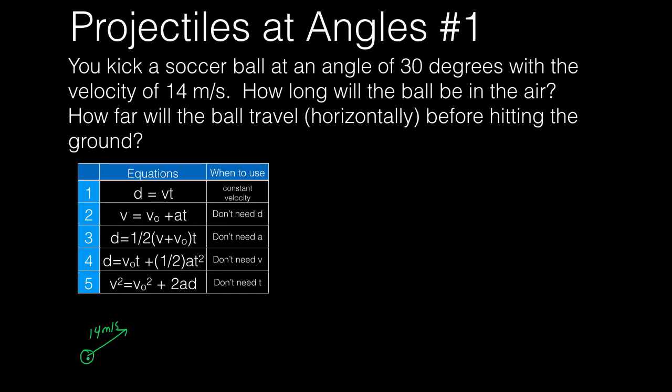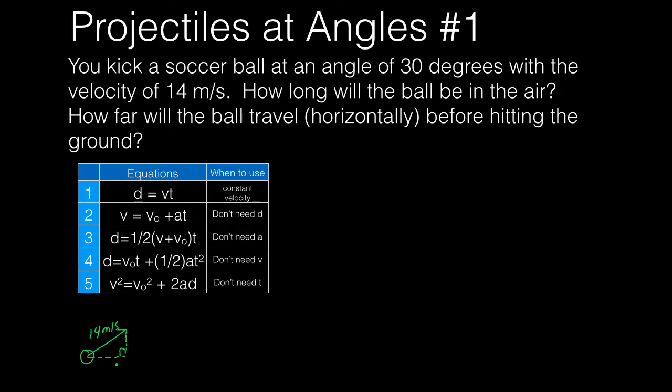Since we're kicking it at an angle, I'm going to divide its velocity into its horizontal and vertical components. I'm going to draw the ground as a dotted line and the vertical component here, and this would make a right triangle.